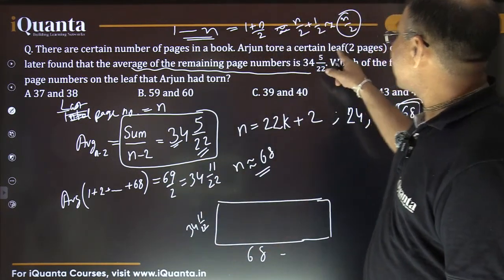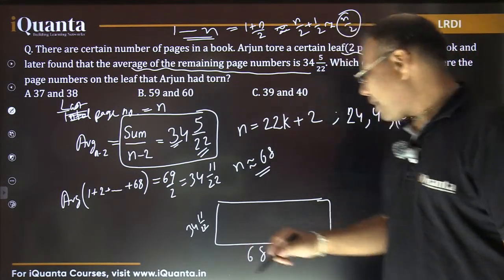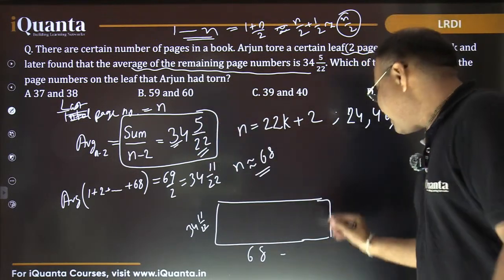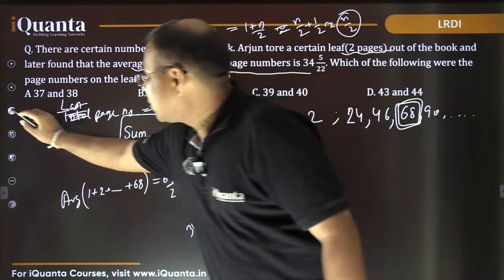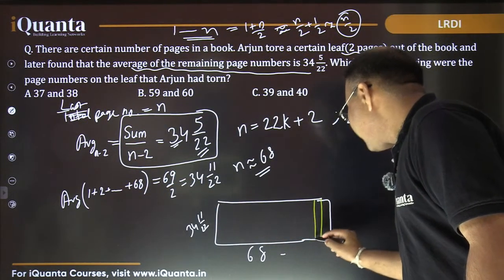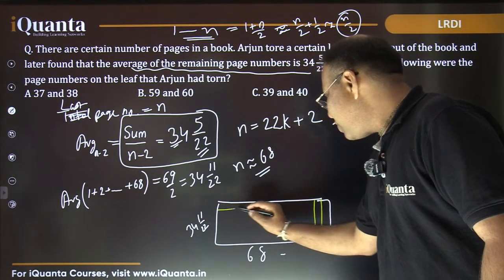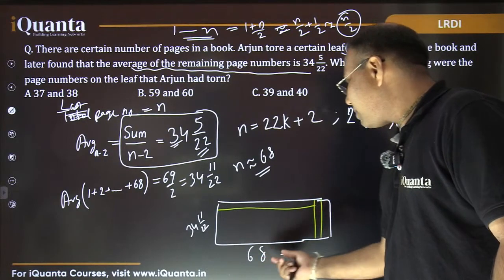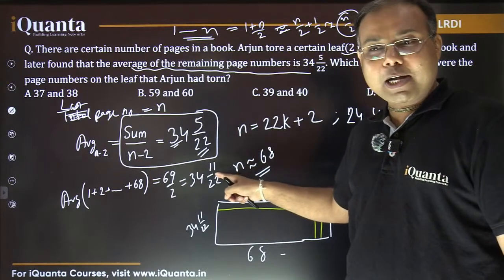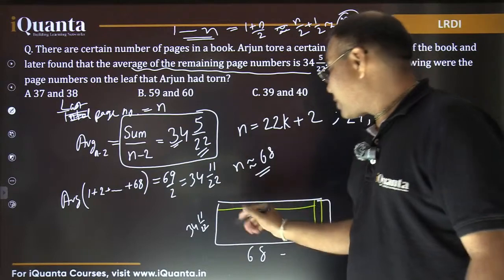Now, what is happening? By removing those two consecutive page numbers, the average is decreasing. That means those two numbers are taking away the designated average, and in addition, from the remaining 66 numbers, they are also taking 6 by 22, since 11 came down to 5, so 6 by 22 further.